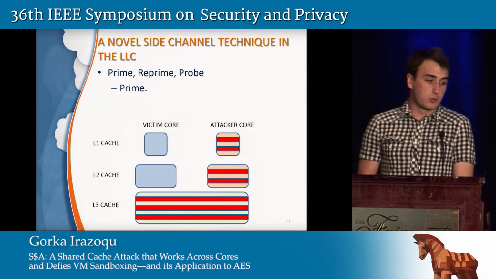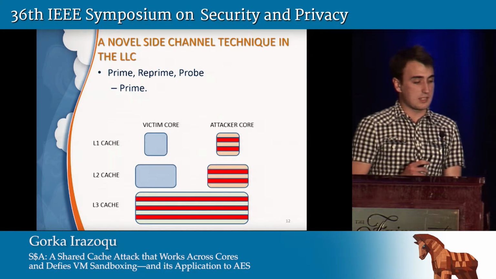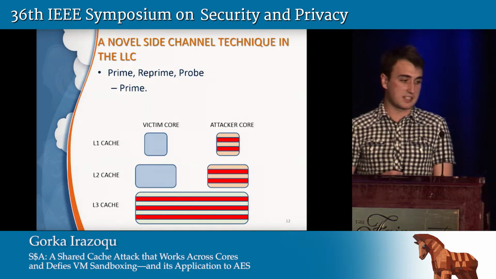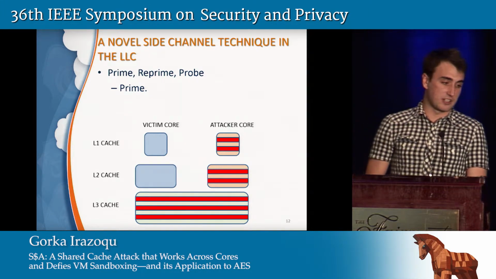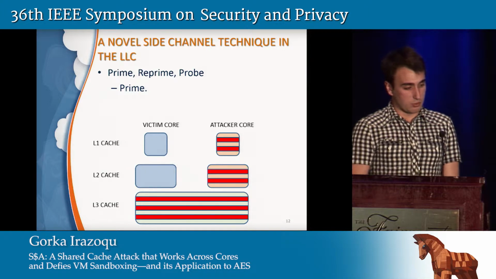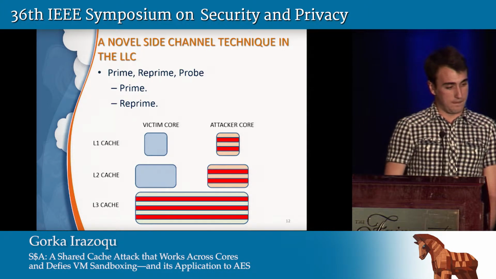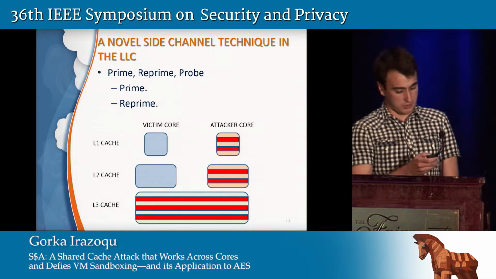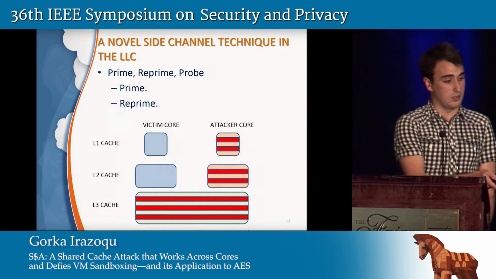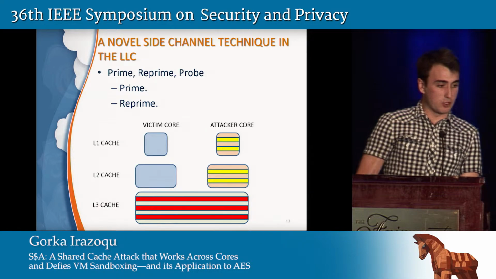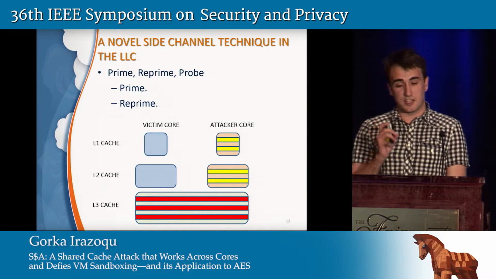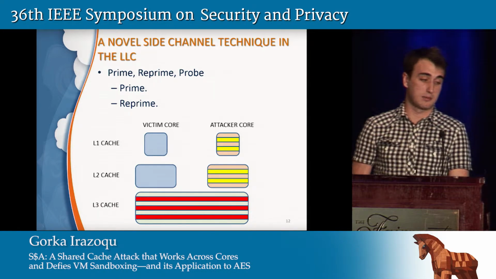And since we want to clearly distinguish between last level cache and memory accesses, we don't want evictions in the level 1 and level 2 caches to affect our results in any way. So what we do is we reprime the upper level caches. We generate memory blocks that kick out memory blocks in the level 1 and level 2 caches, but that don't touch the memory blocks in the last level cache.